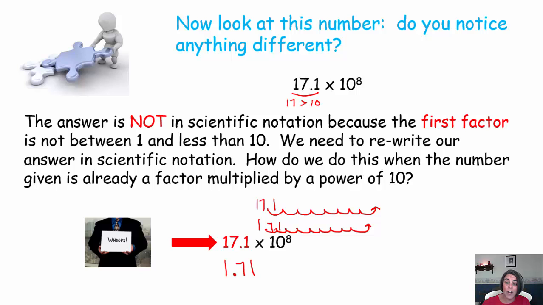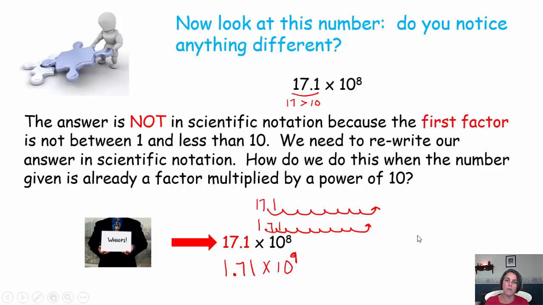So now it's 9 to the right. So that's times 10 to the 9th. Okay, so you've got to remember that. 17.1 times 10 to the 8th is the same as 1.71 times 10 to the 9th.